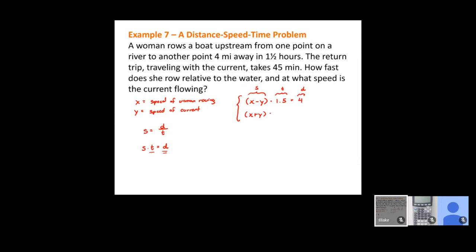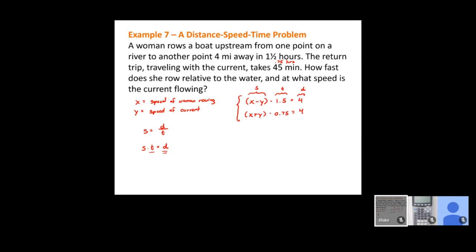Good. 45 minutes is the same thing as 3/4 of an hour. So 0.75 hours is what we're going to convert that to. So we get 0.75 as our time. And then what's the distance going to be for that trip? 4. Good. So same distance, both directions. So that's going to be 4 again.